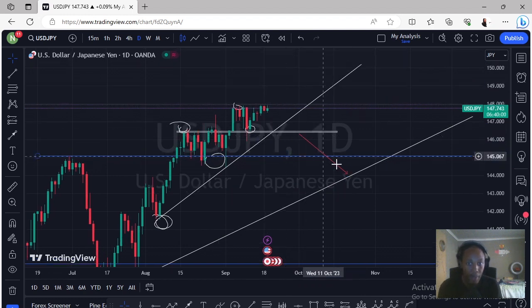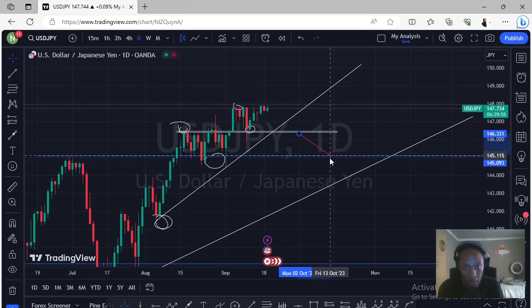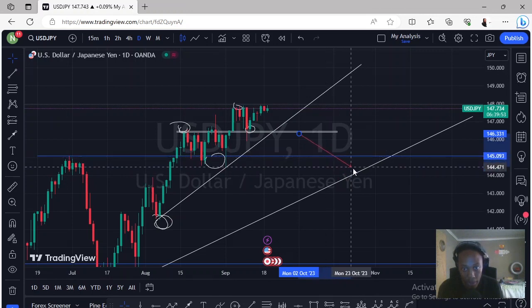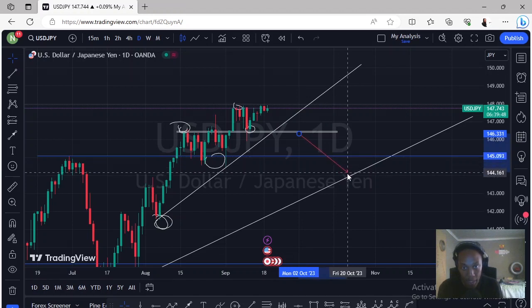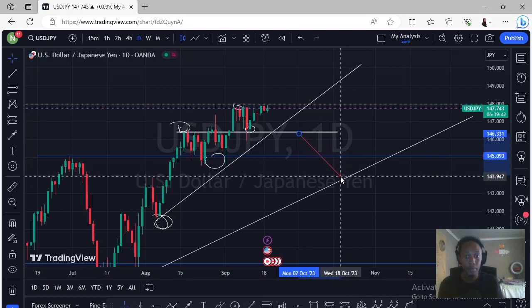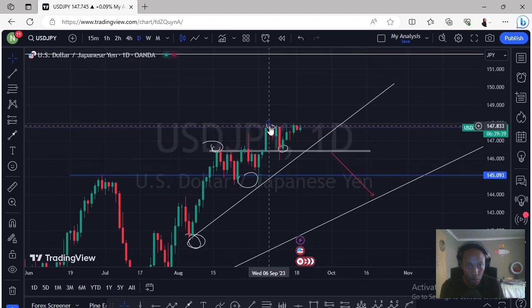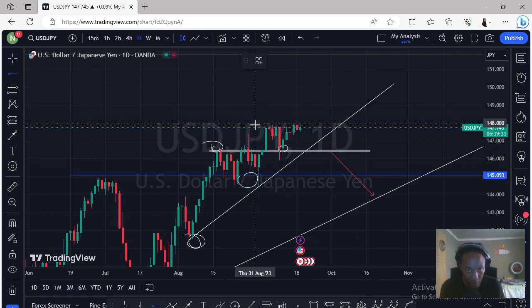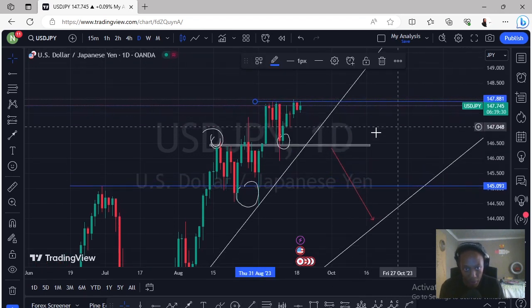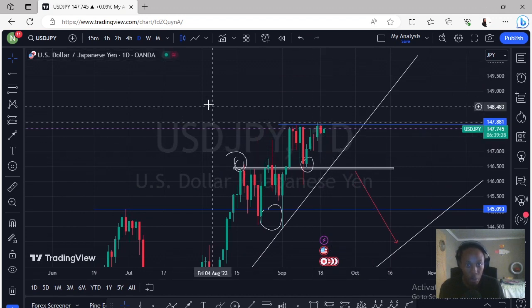Remember guys, the first TP would be on top of this blue line, and the second one would be on top of our diagonal support trend line. So at the moment, let me just delete this. The market is failing to break, so we'll wait and see.